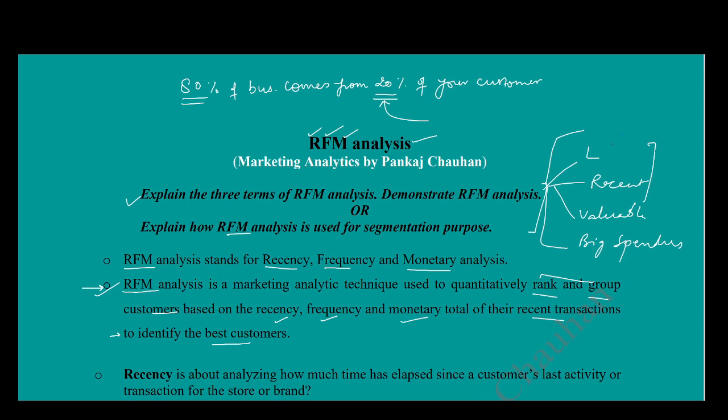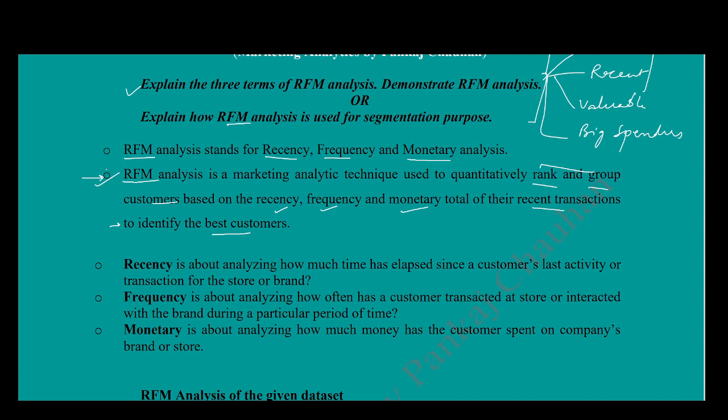Now let us look at what these different terms mean individually. Recency is about analyzing how much time has elapsed since the customer's last activity, which means how long it has been since a customer placed their last order. Frequency is about analyzing how often a customer transacted at the store or interacted with the brand during a particular time, or you may say how often a customer orders.